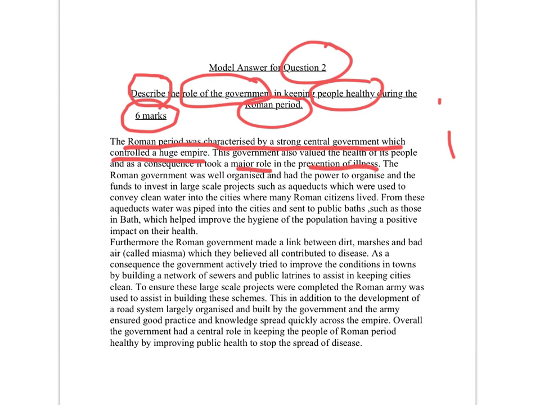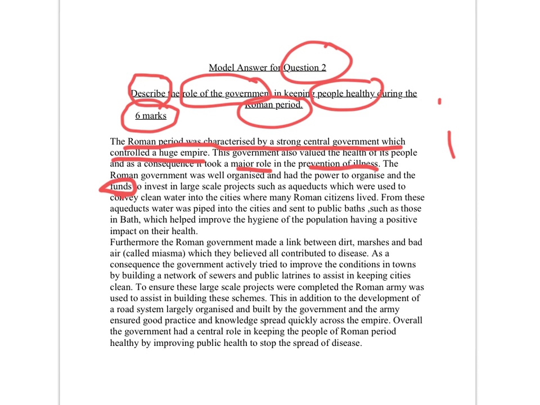Now, the Roman government was extremely well organised and had clear directives of what it wanted to achieve. And because of it being well organised and having power and also having funds, money, that's incredibly important when you're dealing with issues such as public health, which this question is dealing with.